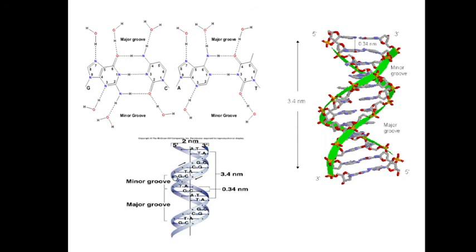In this helix, we will find a shallow groove, which we call the minor groove, while a bigger groove, comparatively deeper, we call the major groove.